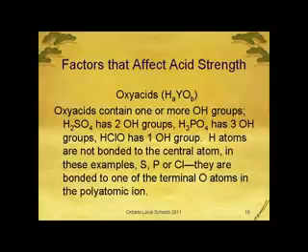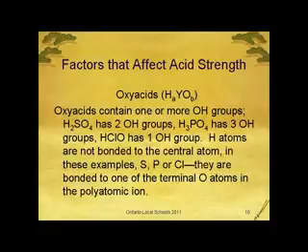And here's something that's real important to remember. When you have an acid like H2SO4, the hydrogens are not bonded to the sulfur. They're bonded to the oxygen atoms. So you have two hydrogens there. So in this formula unit, you'll have a hydrogen on each of two different oxygens in the H2SO4.